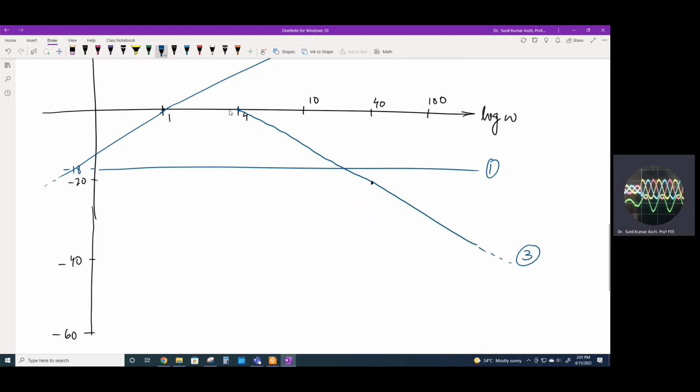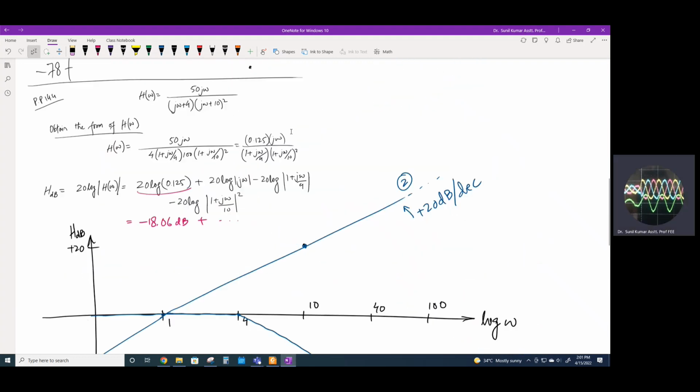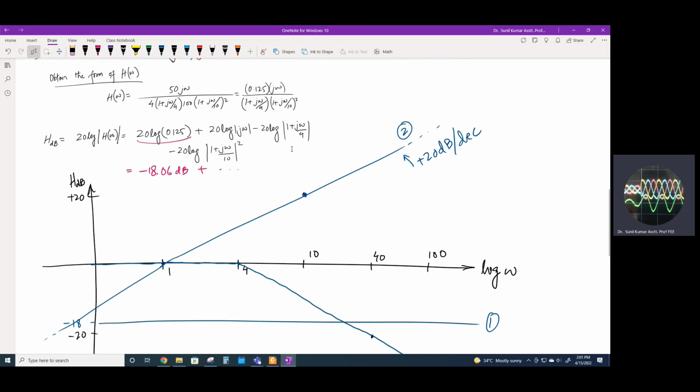On this line number 3, for omega less than 4, the value of h is 0. And lastly, we have a repeated pole at omega equals 10. That means the slope will now be minus 40 dB per decade.